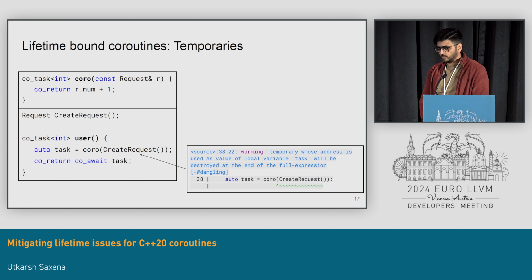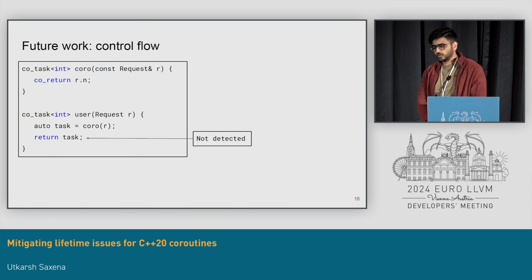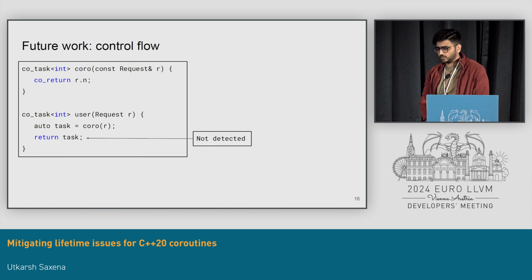One of the limitations of this approach is that it only works for a single expression in which an entity is being initialized. So, for example, if you introduce control flow here, for example, you use a local request in the user function, you use a local scope variable R and construct and call the coroutine.